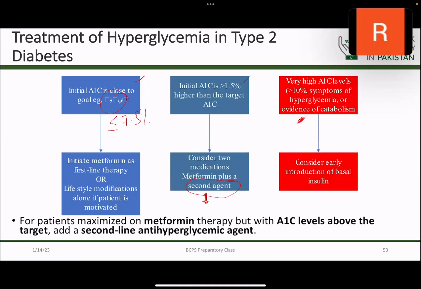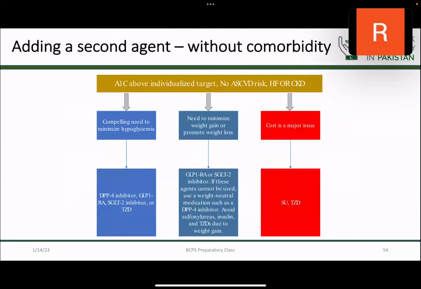Which second agent should we consider? This depends on many factors. If there is no comorbidity, that means there is no risk of atherosclerotic cardiovascular disease in the patient, no heart failure, no chronic kidney disease, then we have to see what the choices are for the patient.